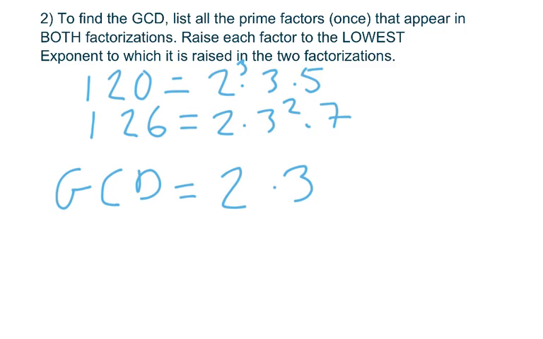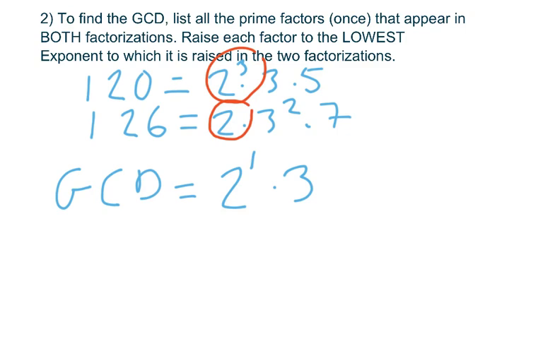And then you pick the lowest exponent to which each of those factors is raised. So what do I mean by that? Look at the 2s. There are three 2s, 2 to the third power, in 120, only 1 in 126. The lowest exponent to which the 2 is raised is a 1, 2 to the 1.